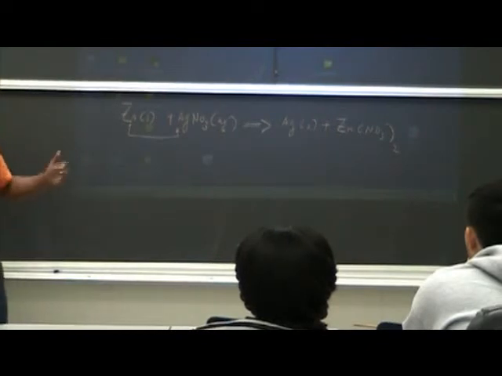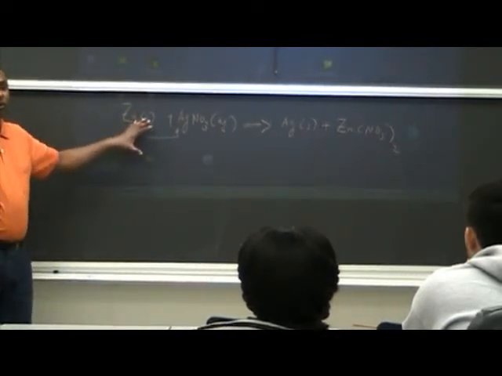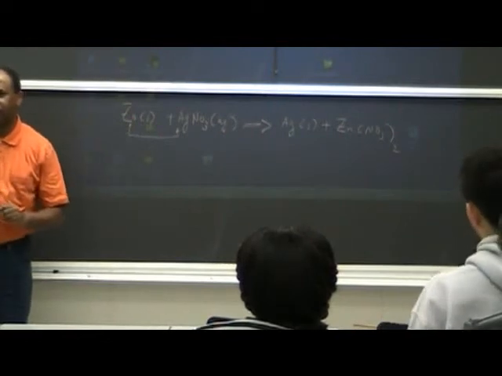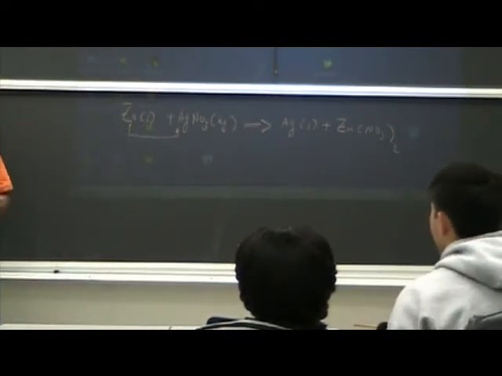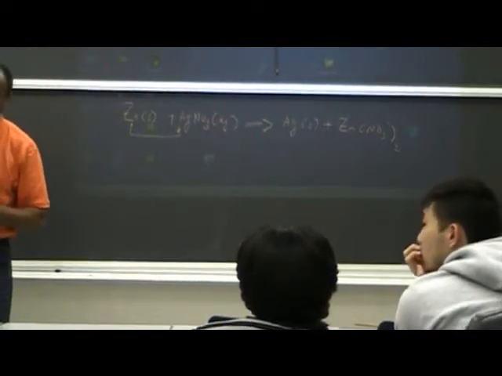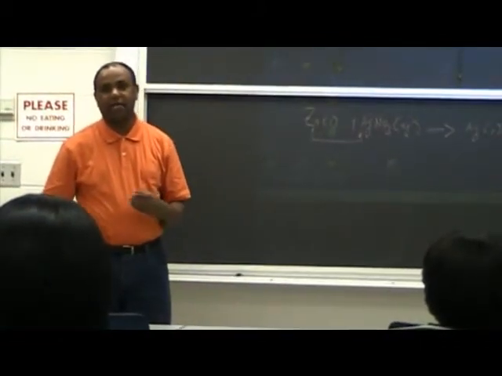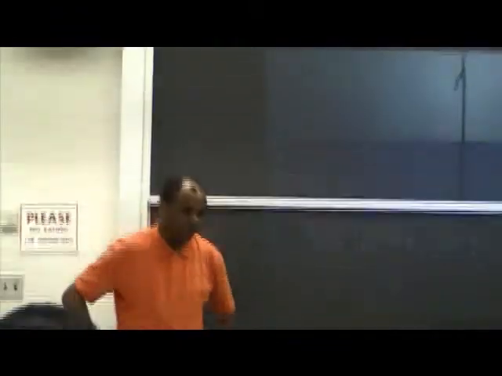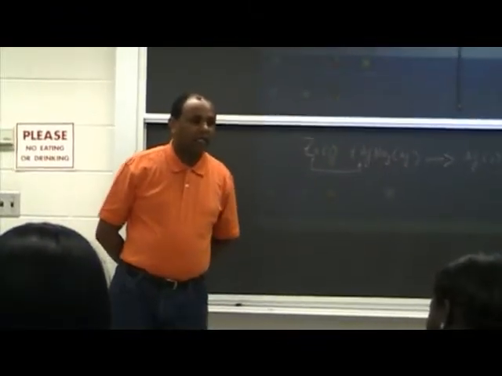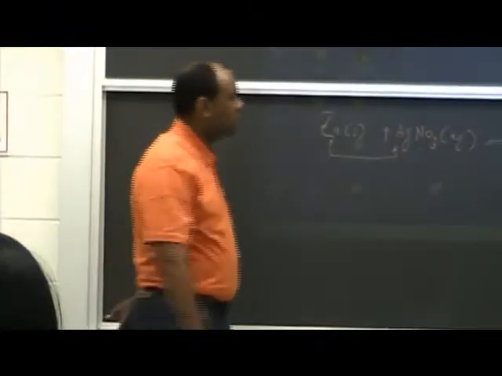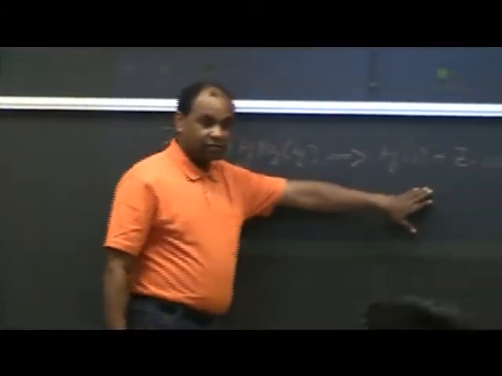So, as chemistry students, we need to find out which is the limiting reactant. What is the purpose of knowing the limiting reactant and excess reactant? To get the maximum amount of product.